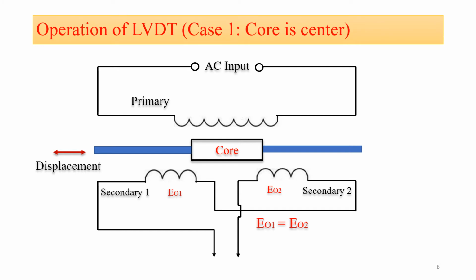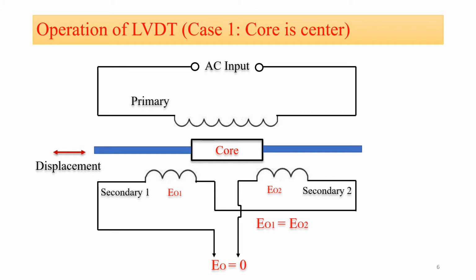Here EO1 equals EO2, as the induced voltages in both secondary windings are equal but have opposite polarities. That's why the output voltage of LVDT, that is EO, will be 0, corresponding to the central position of the core. This position of the core is also called the null position.